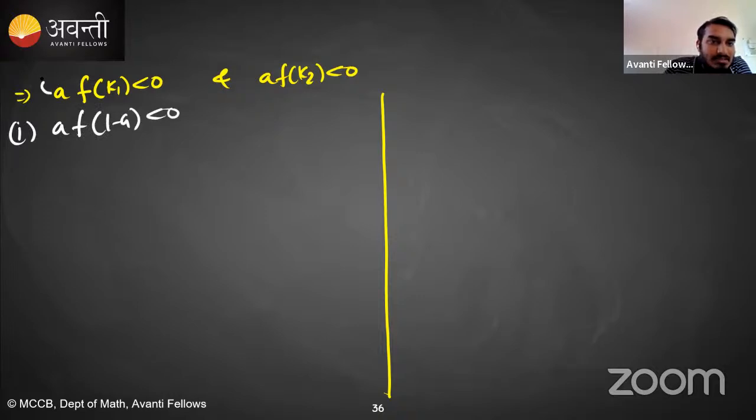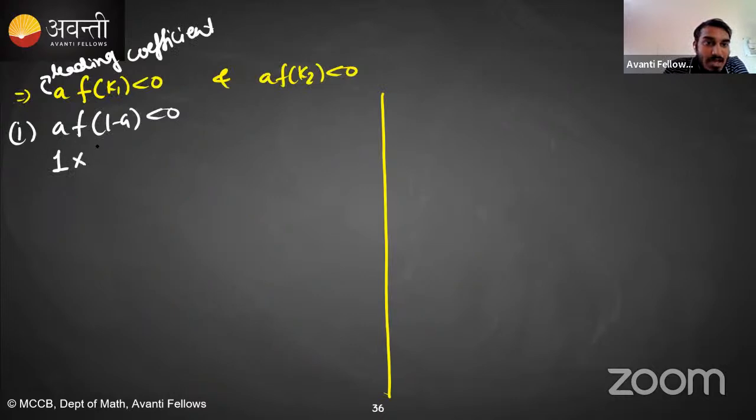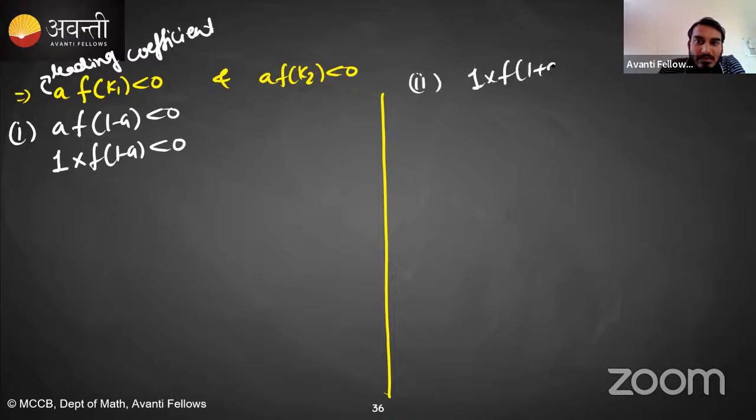Again, this is representing the leading coefficient. What is your a? A is nothing but 1. So this is 1 into f of 1 minus a less than 0 and 1 into f of 1 plus a less than 0. So we have to satisfy these two conditions, right?